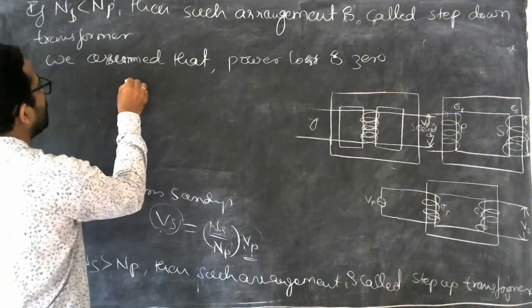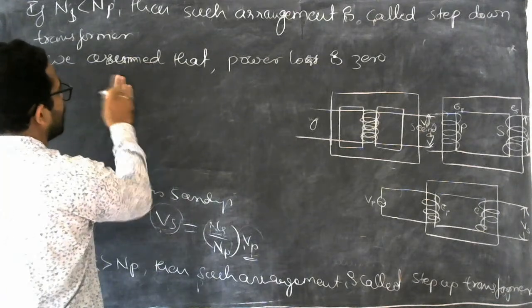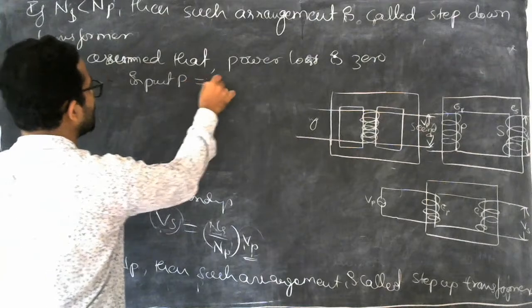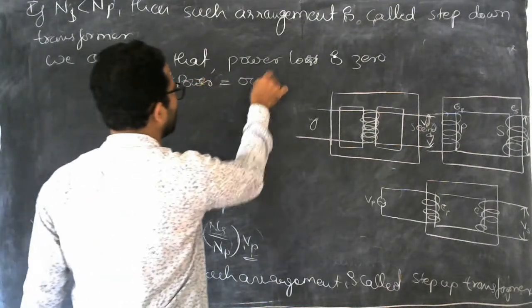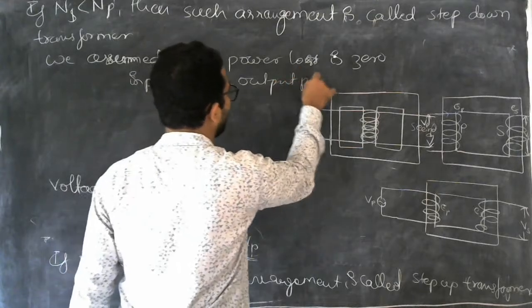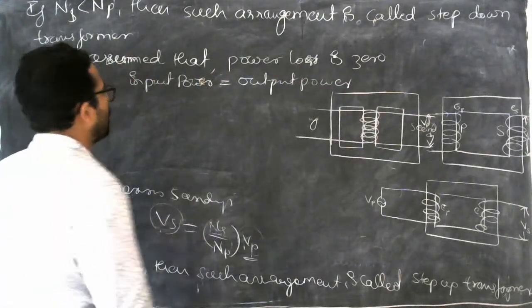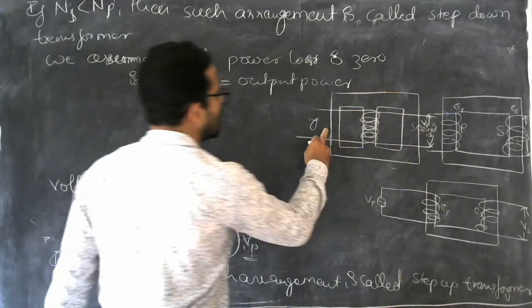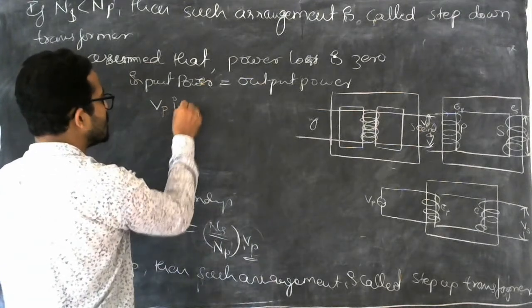That is why, input power is equal to output power. Input power can be written with voltage Vp and current Ip.